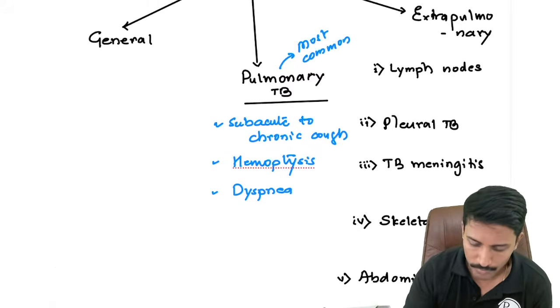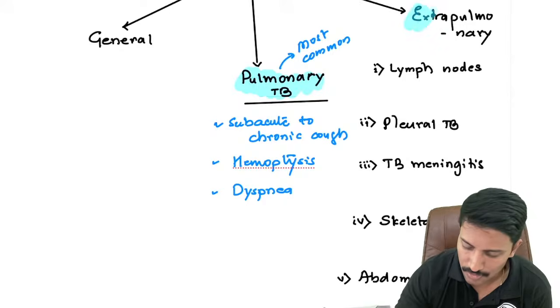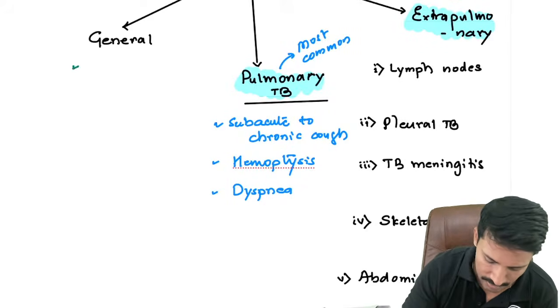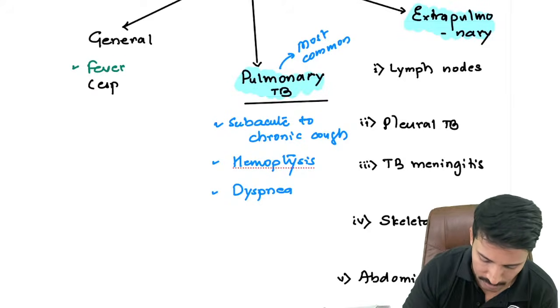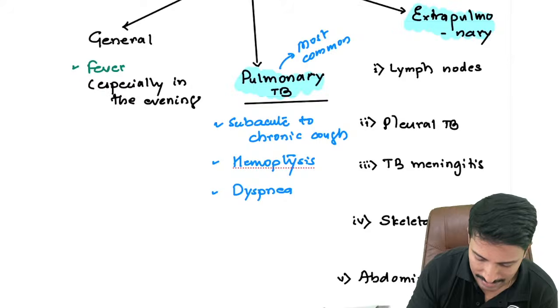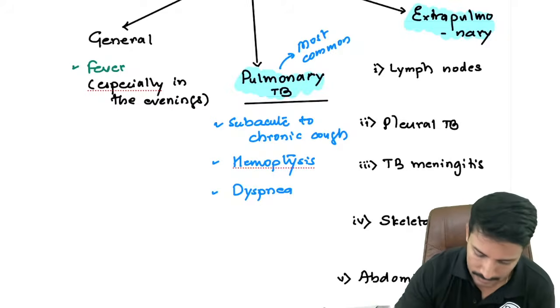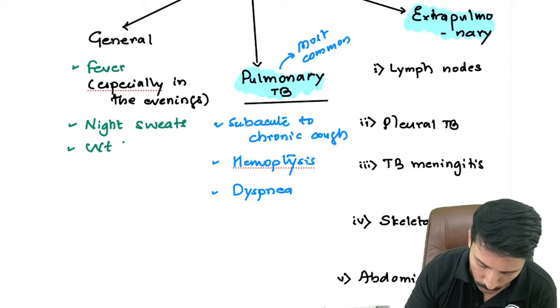But apart from that, whether it is pulmonary or extrapulmonary, many patients of TB will have certain general symptoms. What are the general symptoms that I need to write in the exam? First thing is fever, and whenever you write about fever, you can mention that it is especially in the evenings, or you can write evening rise of temperature. Second, patients can have night sweats, and third, they can have weight loss.